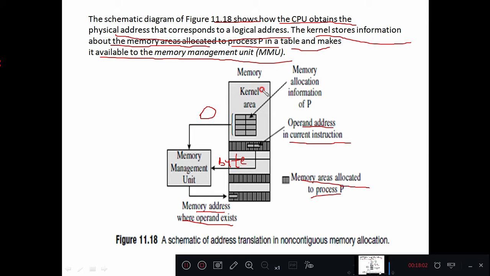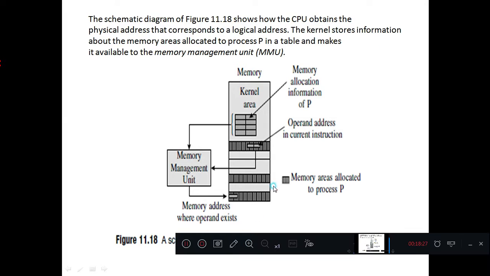But when it comes to non-contiguous memory allocation, where the process is divided into parts and each part is kept in different places of memory, then we need to calculate the actual physical address of that particular instruction or the data, right? So moving to the next slide.